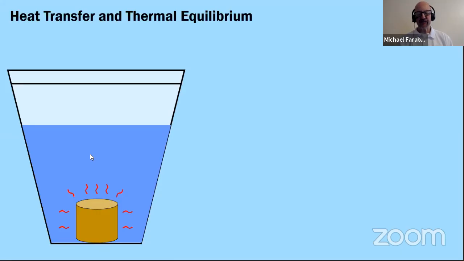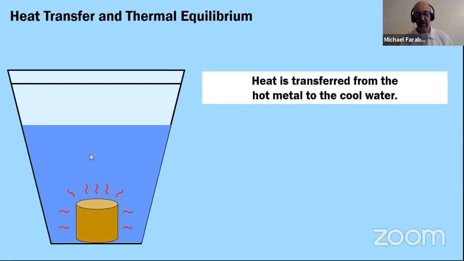Now, with heat transfer and thermal equilibrium, at some point the temperature of the copper will become the same as the temperature of the surrounding water. Heat is transferred from the hotter object, in this case the metal, to the cooler object, in this case the water.